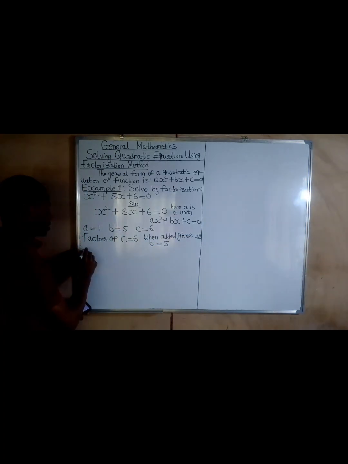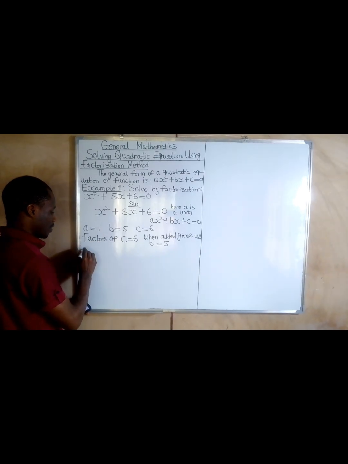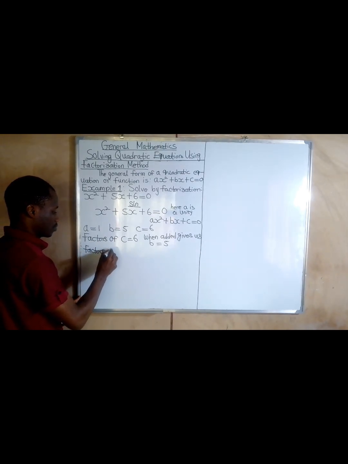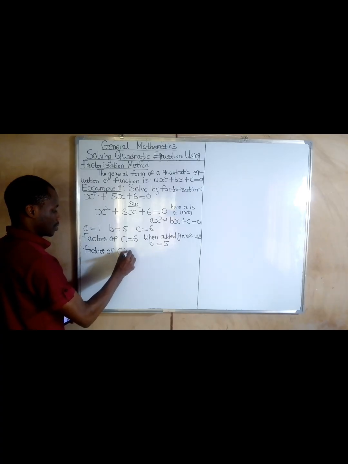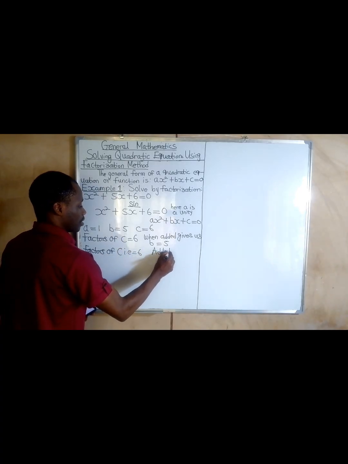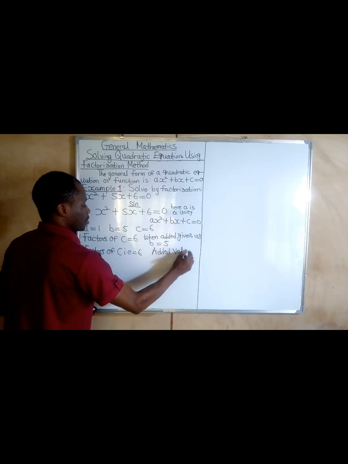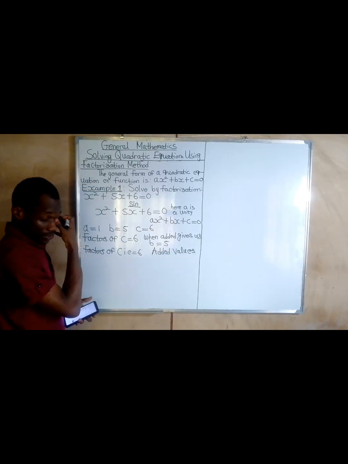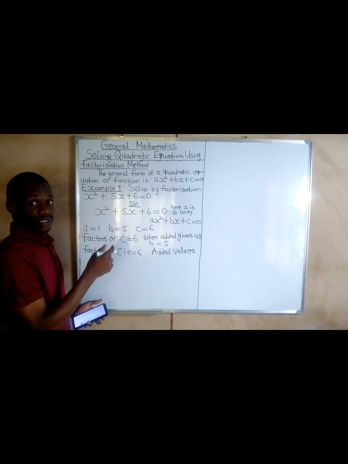So we'll write the factors of c, that is 6, and then the added values. Now, factors are those numbers that divide a particular number without a remainder. That's a factor.